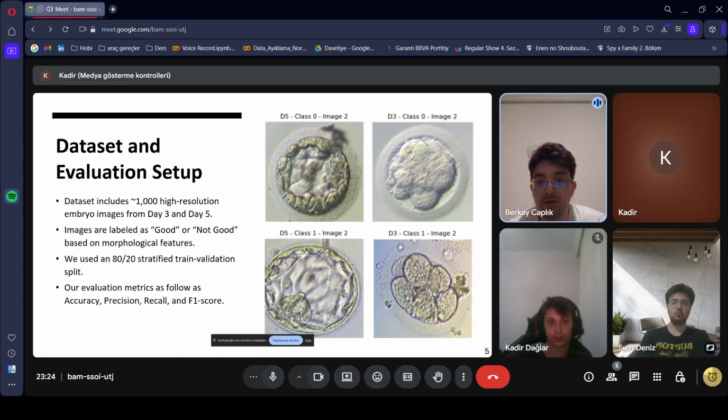For training and evaluation, we performed an 80 to 20 stratified split to preserve class balance across both sets. In terms of metrics, we evaluate our model using accuracy, precision, recall, and F1 score. We also analyze a confusion matrix to understand class-wise performance and detect any bias.